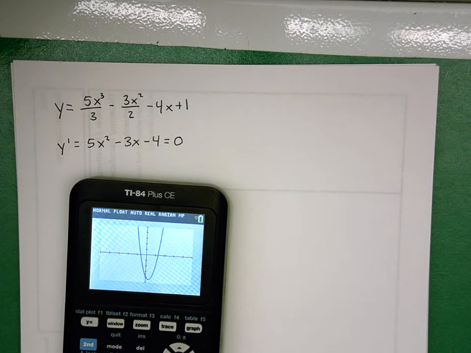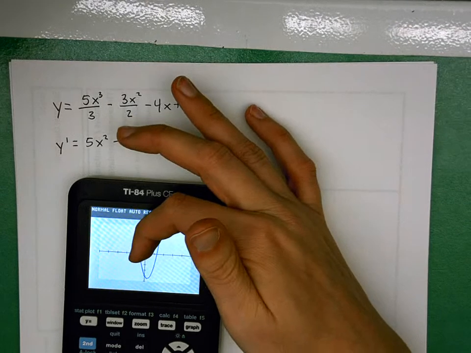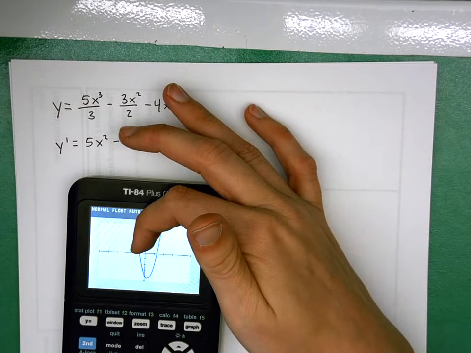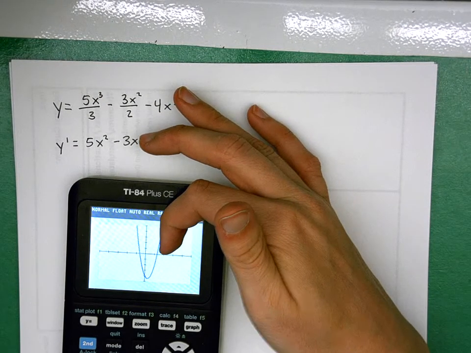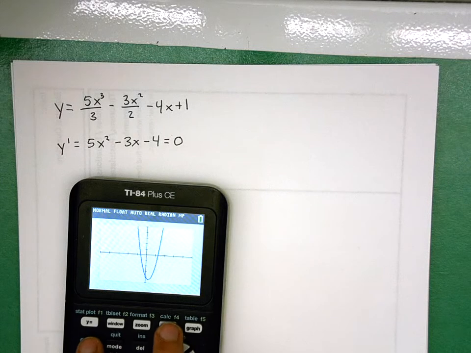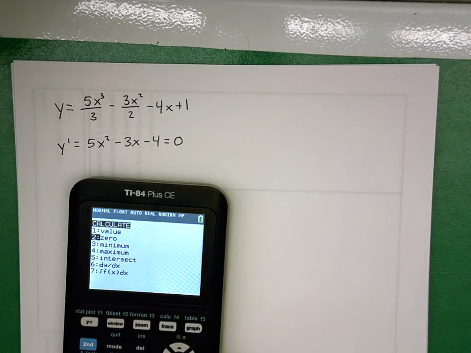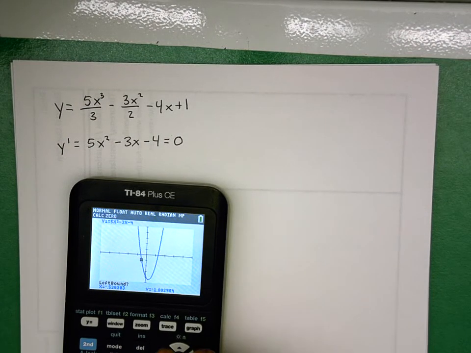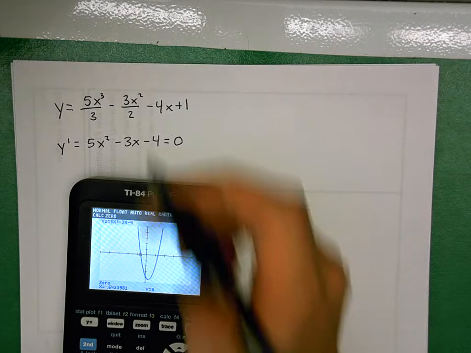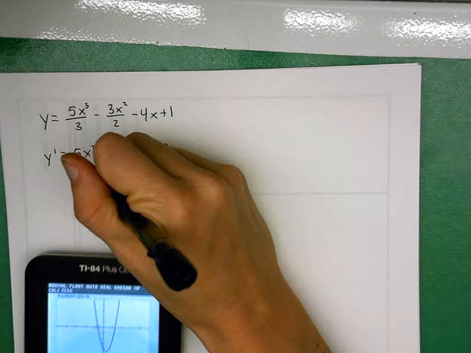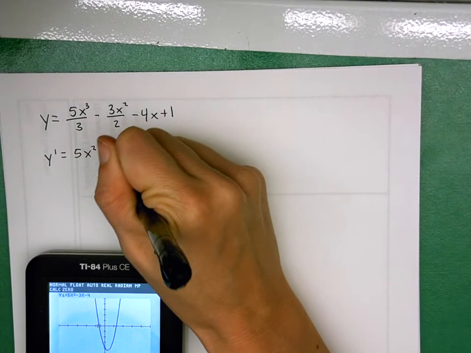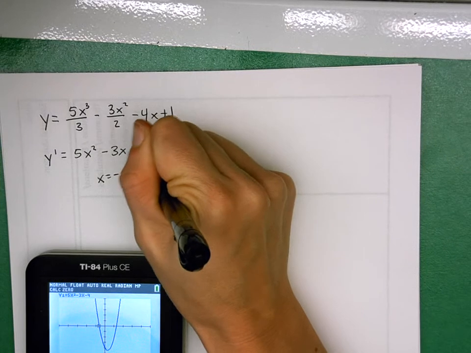And I can see the two zeros that would result from the quadratic, one over here and one over here. Okay, and so I'm going to go ahead and do second calc, or F5, calc my zero. I'll calc this first zero first. I'm going to go left bound, right bound, yes. And I get that I have a zero here at x equals -0.6433981.